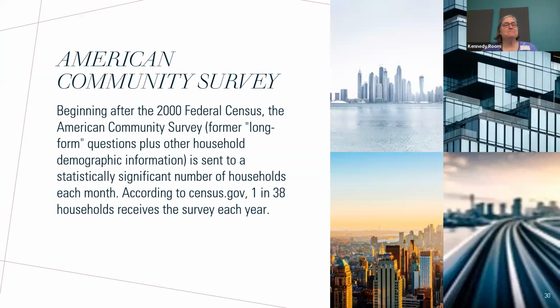And that is sent to a statistically significant number of households every month. According to census.gov, 1 in 38 households receives the survey each year. So you've got a chance at least once out of every 38 years that your household will be picked for that survey.